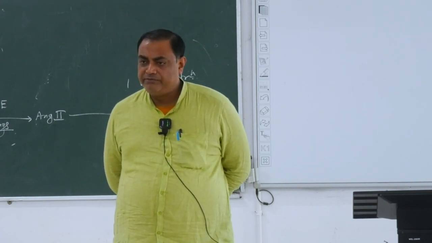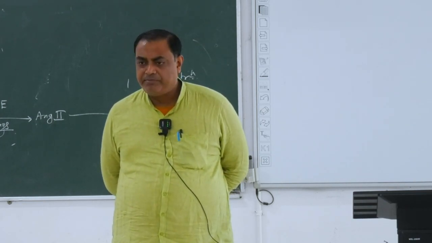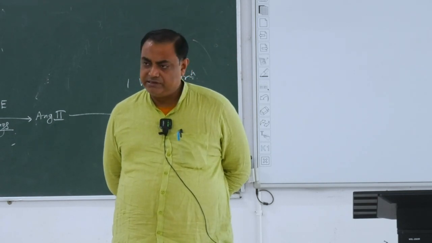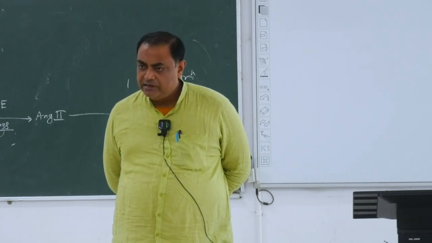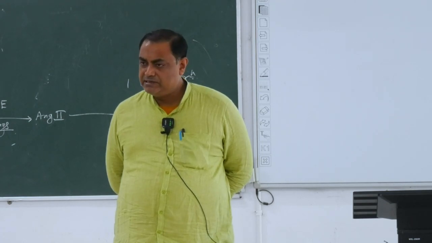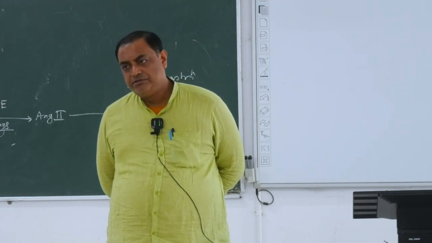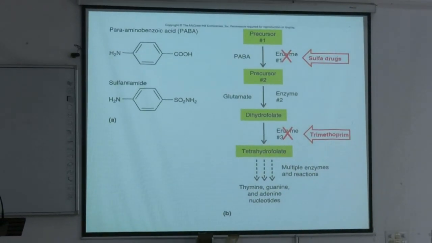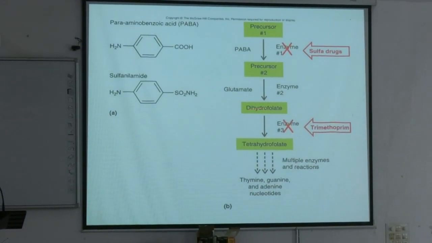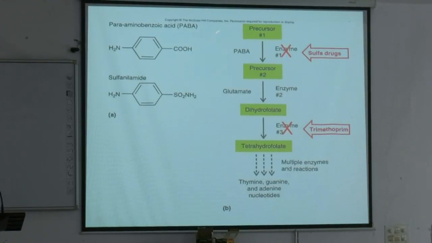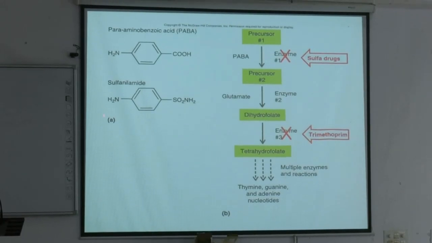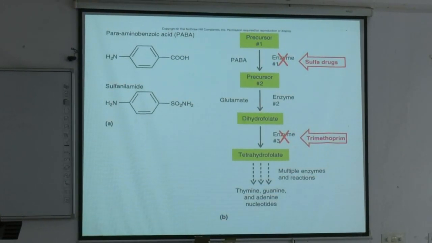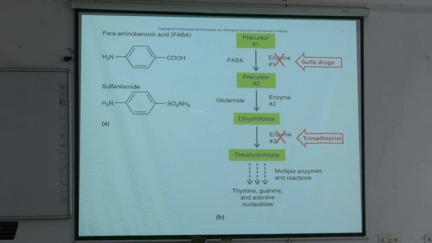Therefore, the sulfur drug interferes with folic acid biosynthesis. In the absence of folic acid, nucleic acid is not synthesized, so the bacteria die. Same thing has been shown diagrammatically. See, this is a sulfur drug, sulfanilamide, and this is PABA. This is the normal one that should have been given for biosynthesis of folic acid, but instead we have added this one in the medium, so this will go and interfere.